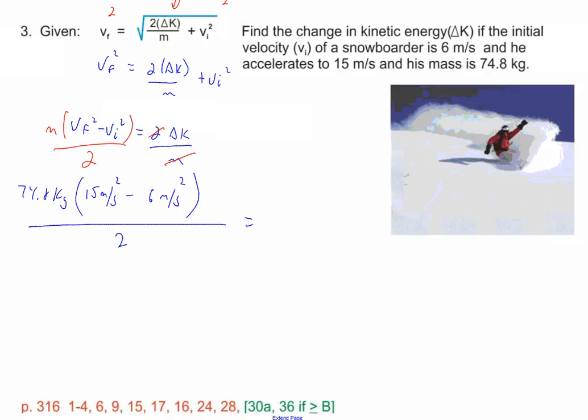And now it's just a calculator problem. You got to be careful because you're doing 15 squared minus 6 squared, and then times 74.8, and then divide it by 2.